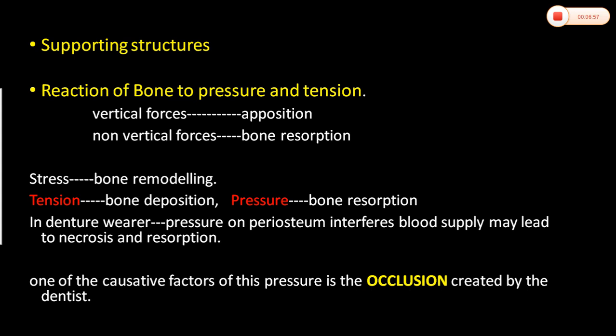Now next, reaction of the bone to pressure and tension. We have seen the supporting structures of a complete denture patient are bone and soft tissue. Bone, which is a hard tissue, undergoes change. If forces on the bone are vertical, for example when natural teeth are there and forces are applied along the long axis of the tooth, they cause bone deposition or bone apposition.